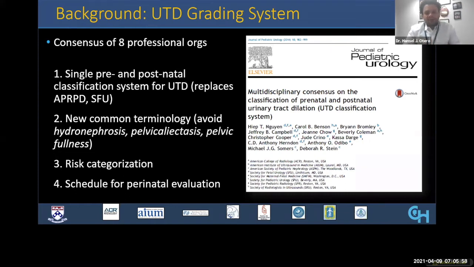This particular classification is a risk categorization, so you are either low risk, intermediate risk, or high risk. It provides a bit of a roadmap of how to use imaging in the postnatal period, and that's where we're going to spend our time today.